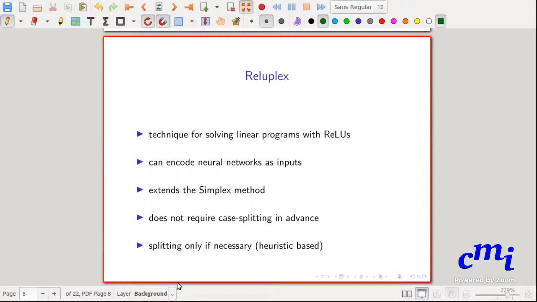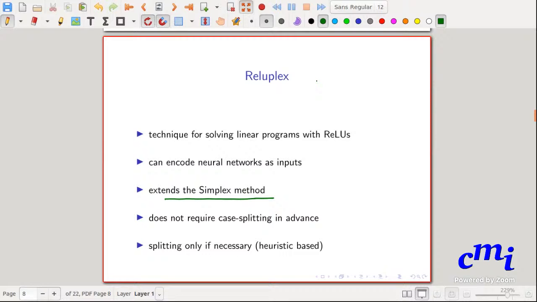As sir is saying, we have talked about how this extends the simplex method, and we know that one way to solve this problem is to backtrack. For every ReLU, you decide whether it's going to be active or inactive. And if you're not getting a satisfiable solution, you go back and change your decision.